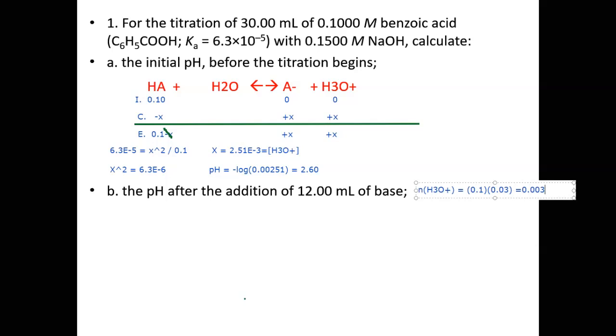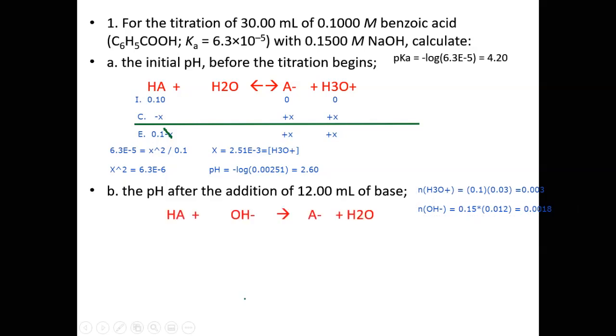And we want to know the moles of strong base. So now we found the moles of acid and moles of base. Just like a buffer solution, since we're reacting a strong base with a weak acid, we've got to see how much weak acid is left over.